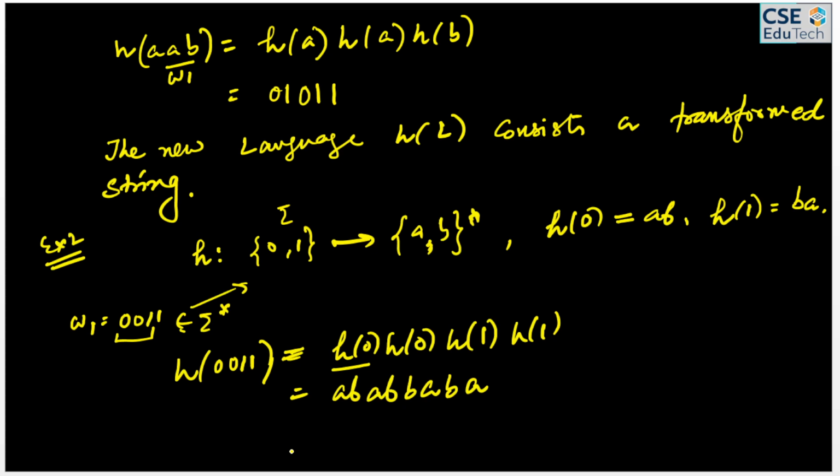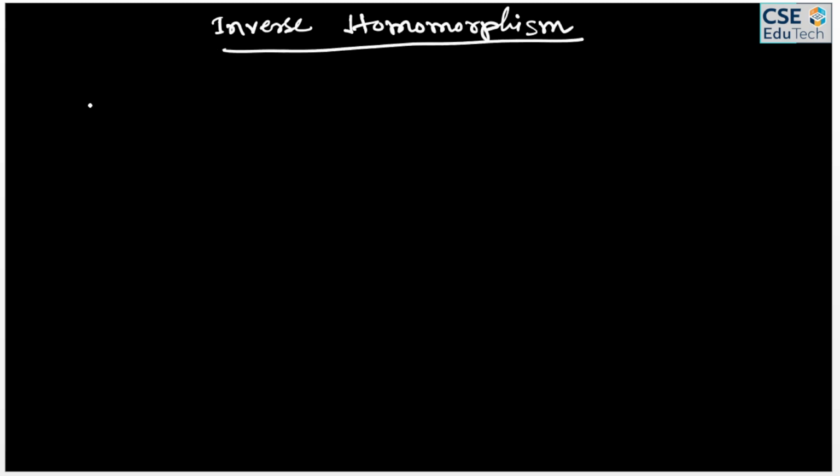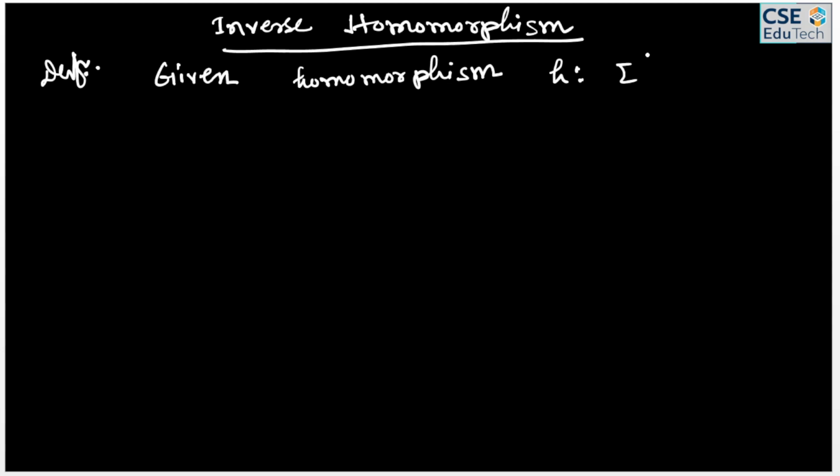Now we'll give what is inverse homomorphism. We can define this inverse homomorphism like this. Given a homomorphism H from sigma star to delta star, as we have defined previously, and L is any language which belongs to delta star.